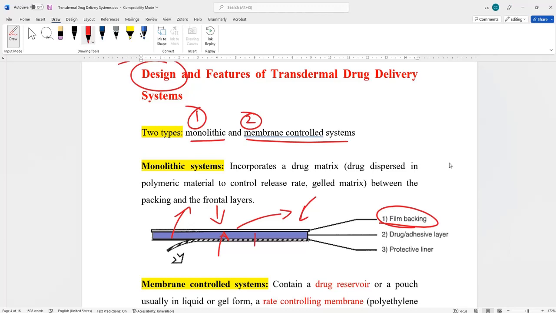The drug only has one way to get through the skin. Then you have the drug matrix. It has drug plus polymer that controls the release of the drug in a gel form, and you might have adhesive with them. And here you have a protective liner at the end, which you remove only when you want to apply the transdermal patch.